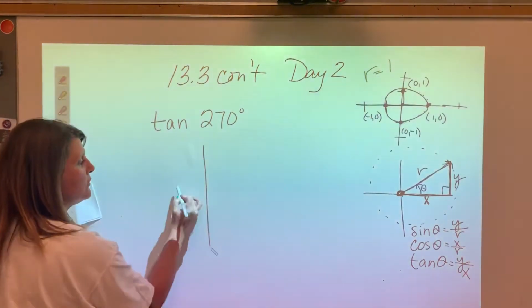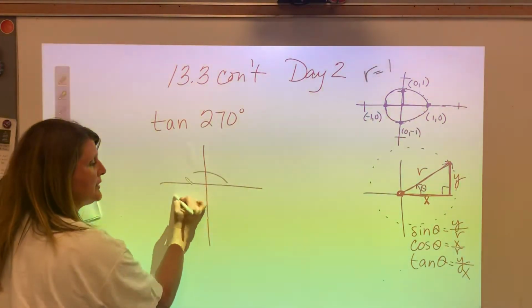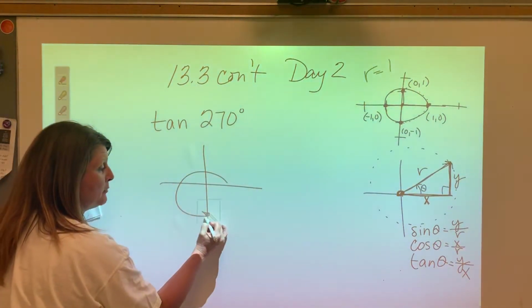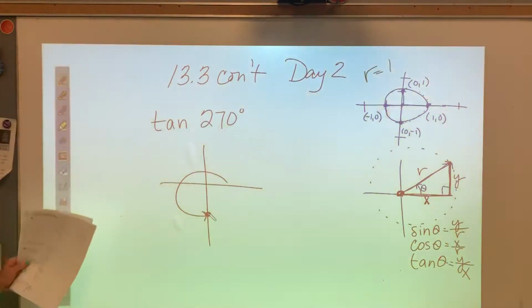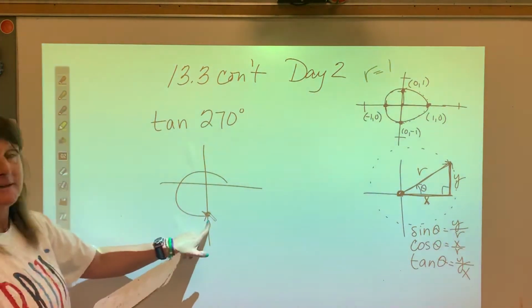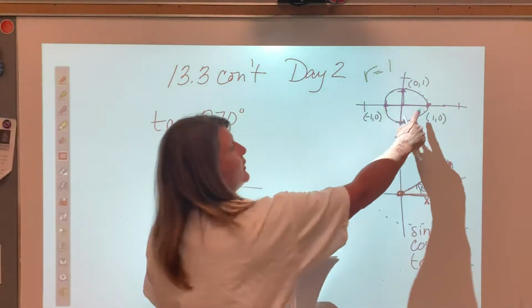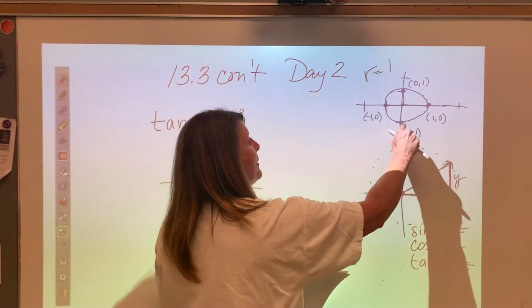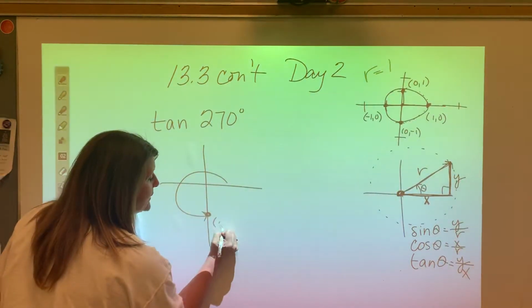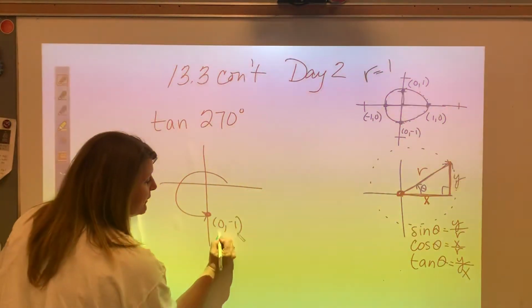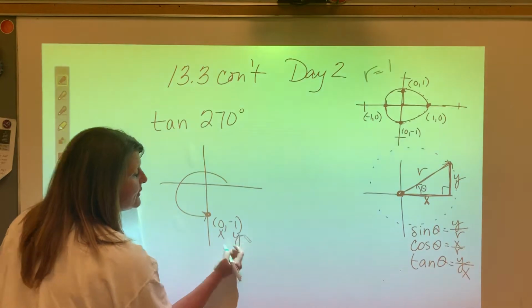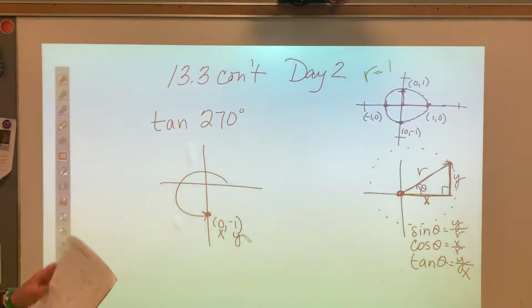What I'm gonna do is go draw a 270 degree angle, and boom, I like to put a little dot where I land. I land smack dab on the y-axis this time. And if I were on the unit circle, that spot right there is the point 0, -1.